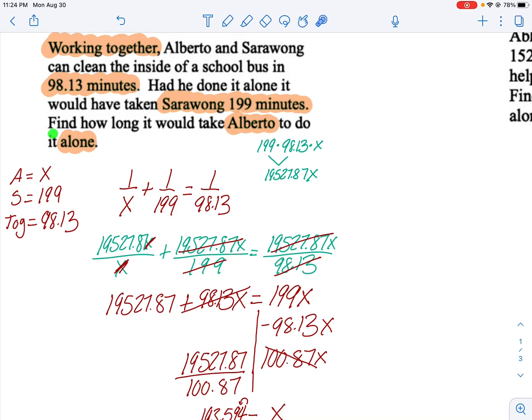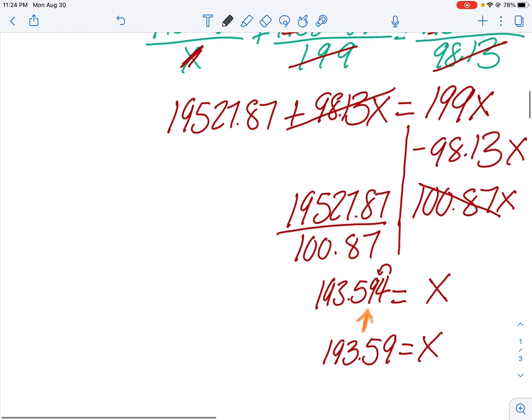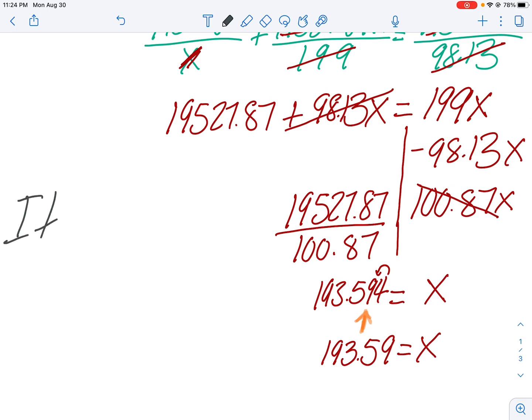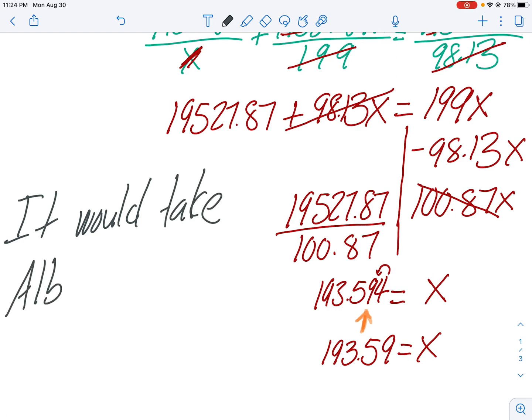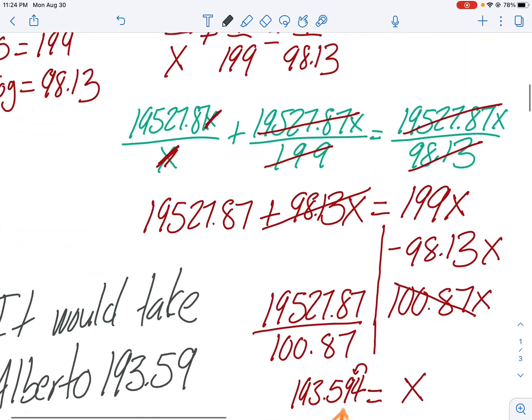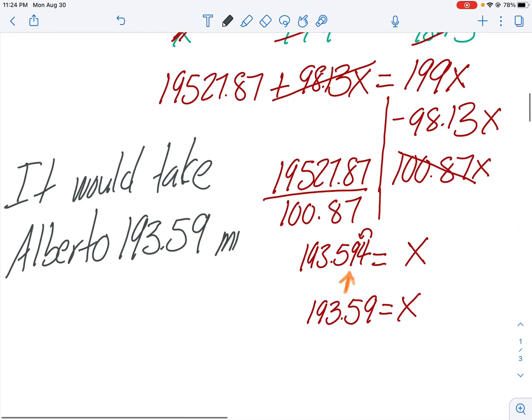The question said, how long would it take Alberto to do it alone? So you would say, it would take Alberto 193.59. Is it hours or minutes? Minutes.